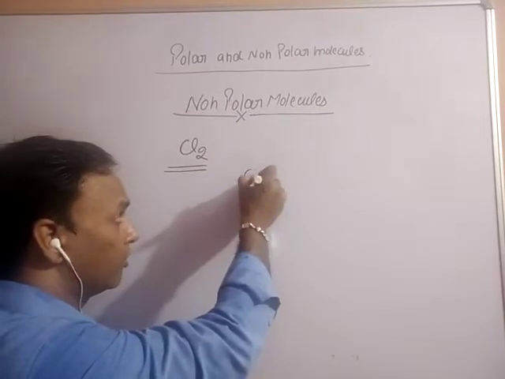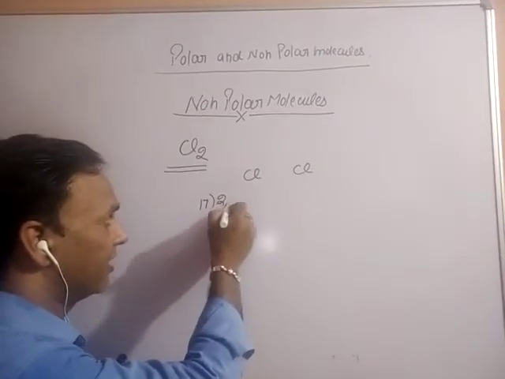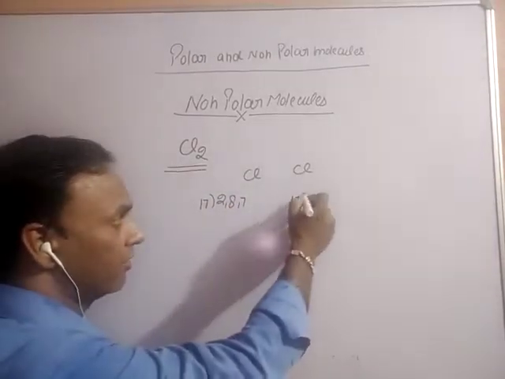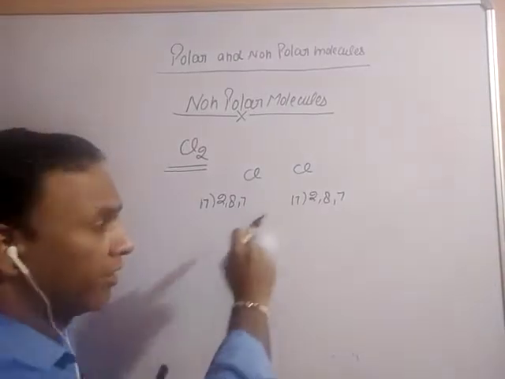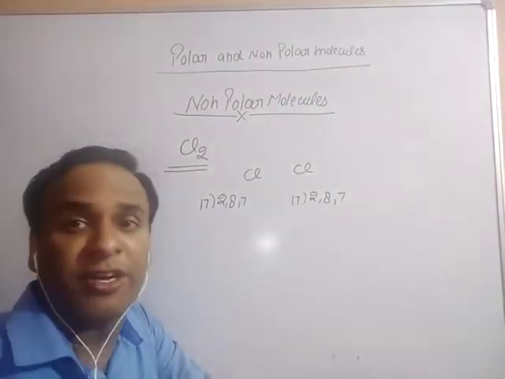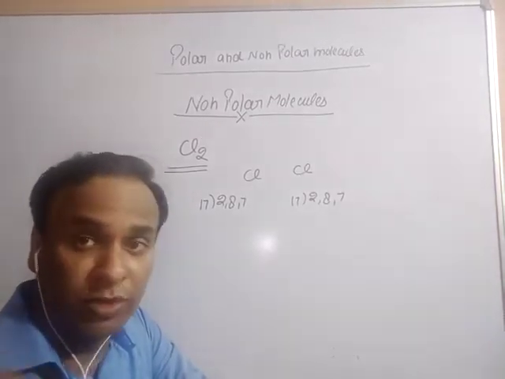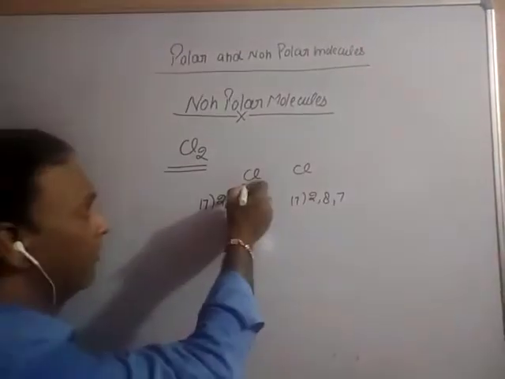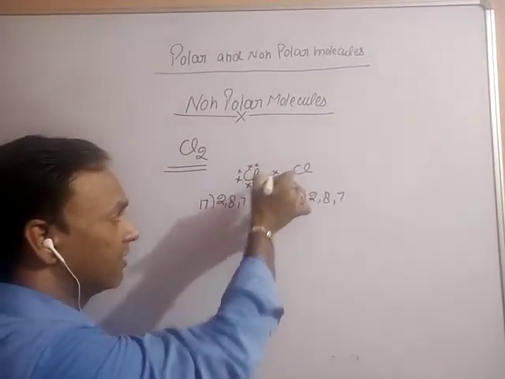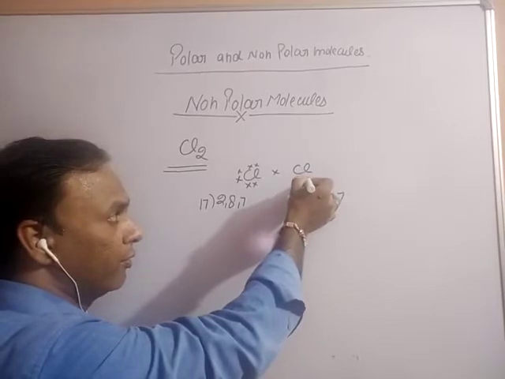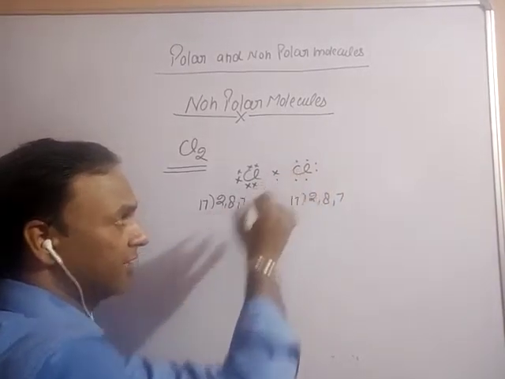When we show the bonding of chlorine, its atomic number is 17 and its configuration is 2, 8, 7. Both chlorine atoms require only 1 electron to complete their own octet. That's why both the atoms share only 1 electron. Clear? Here 1, 2, 3, 4, 5, 6, 7. And 1, 2, 3, 4, 5, 6 and 7.